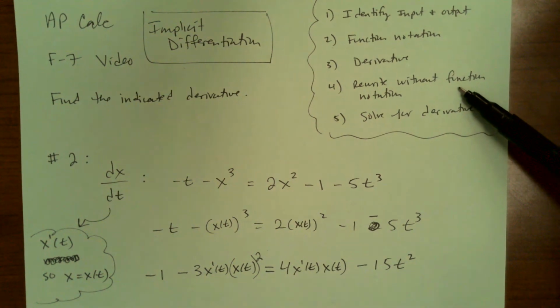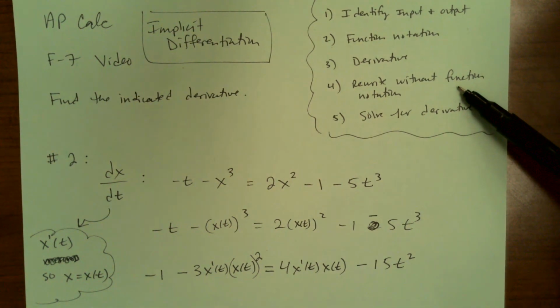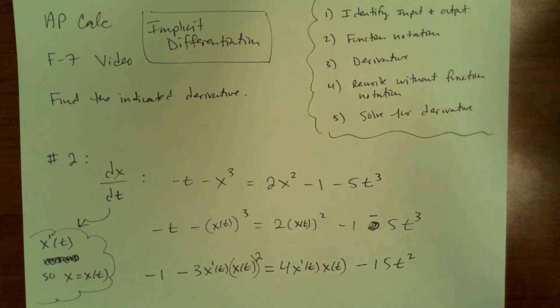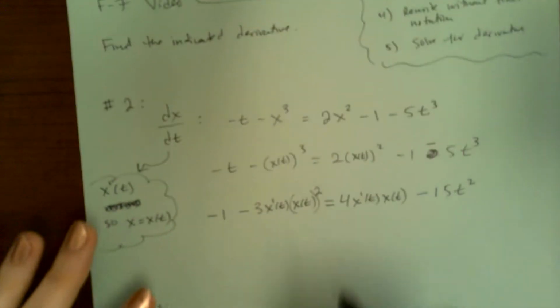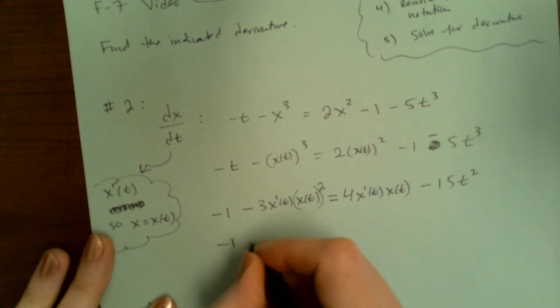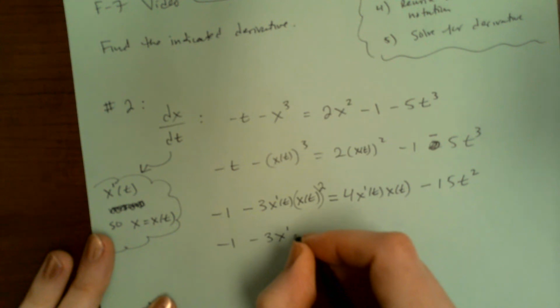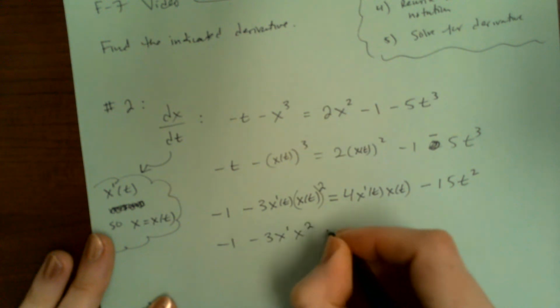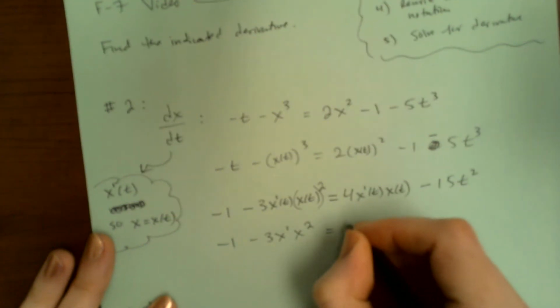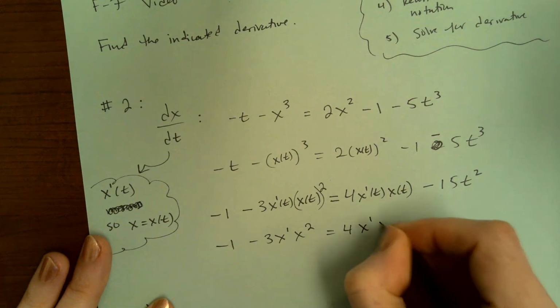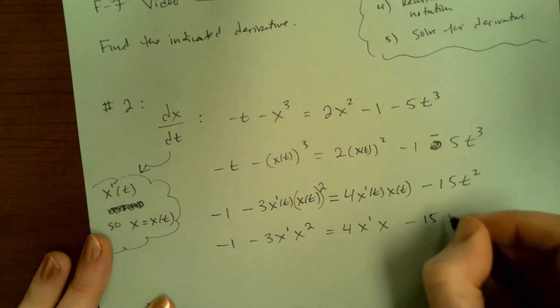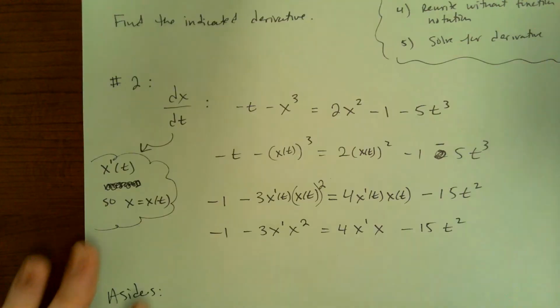Step 4, rewrite without function notation. So we're going to get rid of the of t parts. So this, we could just go minus 1 minus 3x prime x squared equals 4x prime x minus 15t squared, okay?